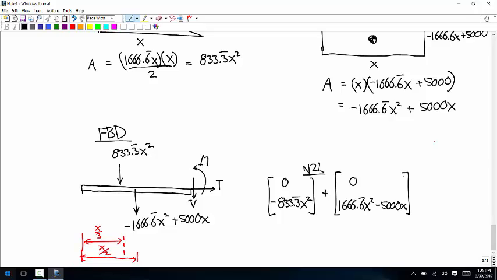If you do have the weight, then you have to do that also as a rectangular distributed load. So it just adds more stuff you have to do. It doesn't make it hard or anything.